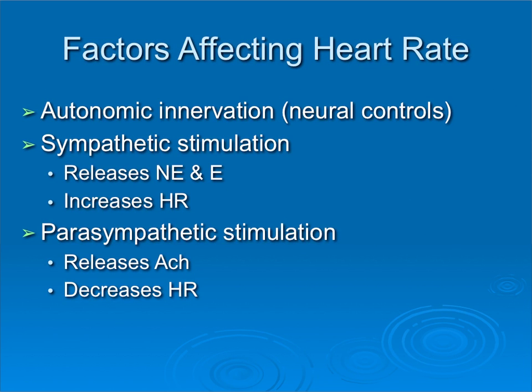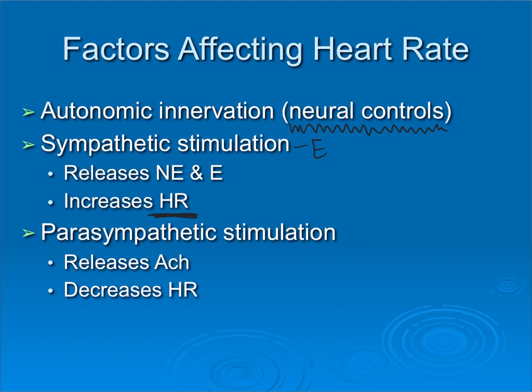Okay, so how do we alter the heart rate? Kind of talked about this before. It's through the autonomic nervous system. Neural controls that are through the hypothalamus and the brainstem, specifically through the heart, typically through the medulla oblongata. So during sympathetic response, again, that would be in an E situation, an emergency, you're excited, you want to exercise, or you're embarrassed, you would want to increase the amount of blood that would be going to the body.